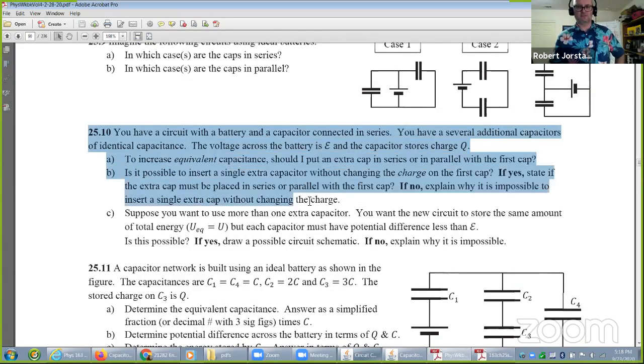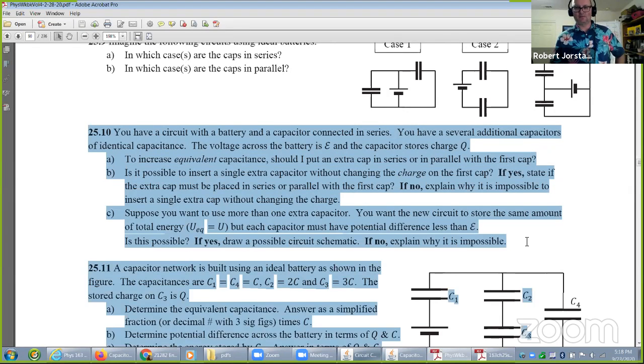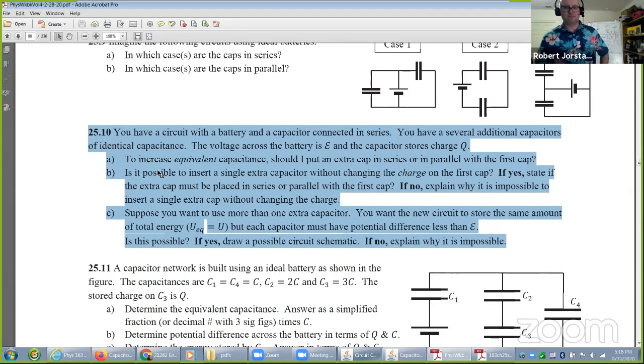I skipped over this one. I'm going to let you do this one at home, but maybe don't try to overthink it. Use this problem to learn from it. So take your guess, read the solution, write down what it actually was if you were wrong, okay? So with 25.10, do not spend all day on it.